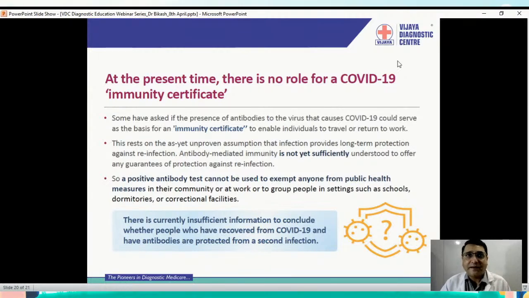So, a positive antibody test cannot be used to exempt anyone from public health measures in their community or at work, or to group people in settings such as schools, dormitories, or even correctional facilities. In other words, there is currently insufficient information to conclude whether people who have recovered from COVID-19 and have antibodies are protected from a second infection.